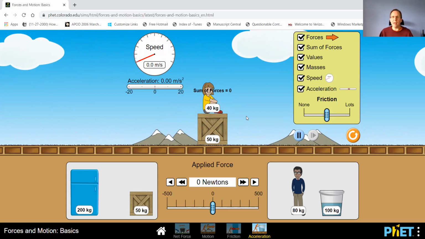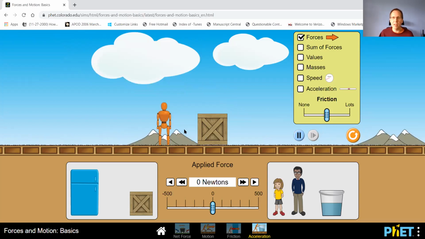Okay, so do that where you calculate the acceleration first, and then you actually click on it to measure it from the simulation, so you can compare what you got from the calculation to what you measured from the simulation. Then I want you to do the whole thing again, but now instead of putting the child on, put on another crate.